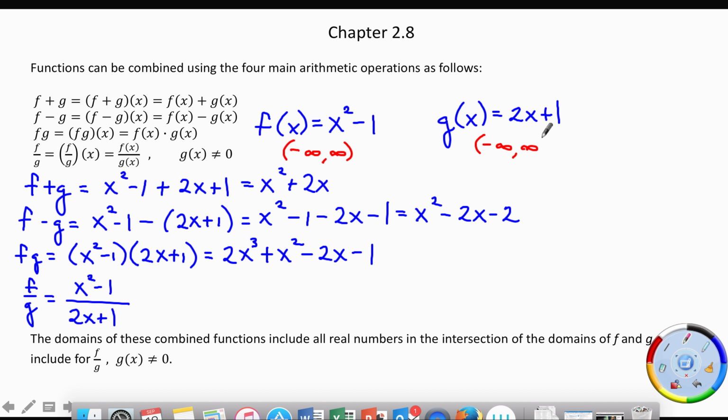I don't have any of the issues with the domain, like a denominator or a radical. And so the intersection of these, because they're exactly the same, would be all real numbers. That would be the domain of each one of these combined functions.